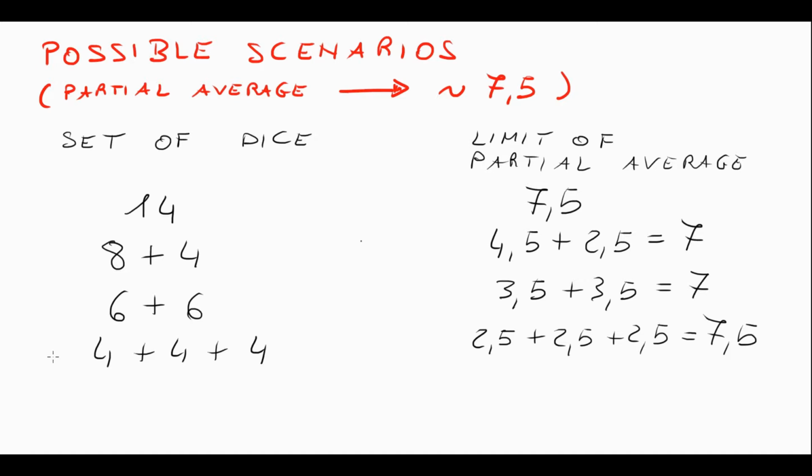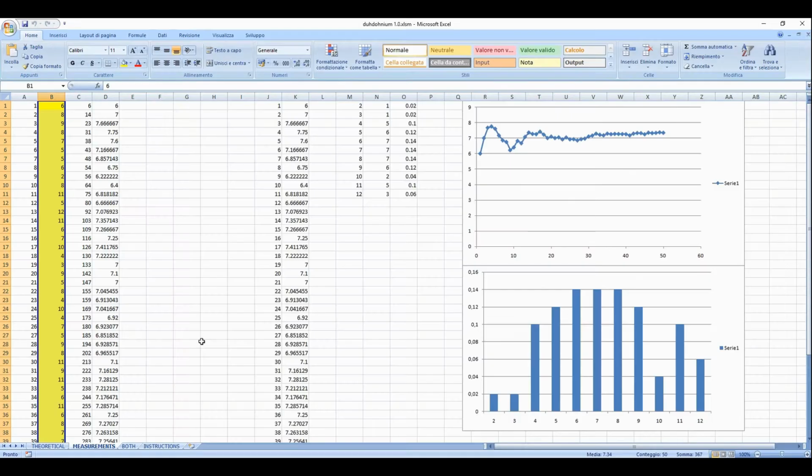However, we said before that a 3-dice system must be excluded. Therefore, we are going to check 3 possible options: a single 14-face die, an 8-face die plus a 4-face die, and 2 6-face dice. Let's see what the frequency distribution tells us about these hypotheses.